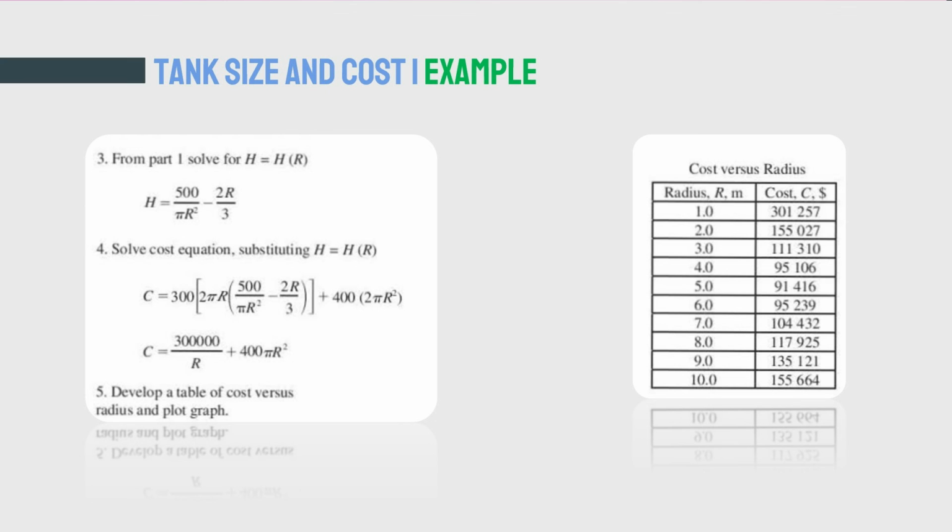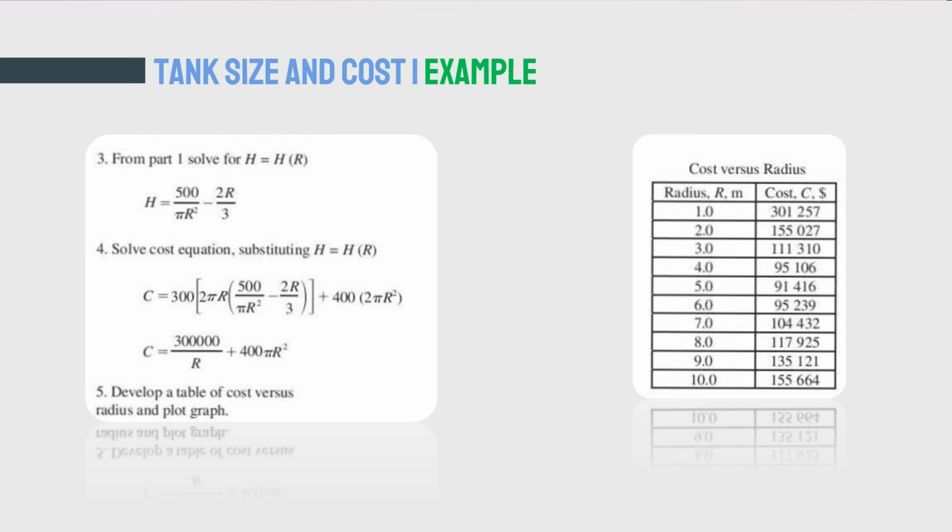H would equal all of these. Without wasting your time, from 1, h would be, as you can see in the slide, 500 divided by pi r squared minus 2r over 3. It's going to take you a while to reach here, but you can make it.